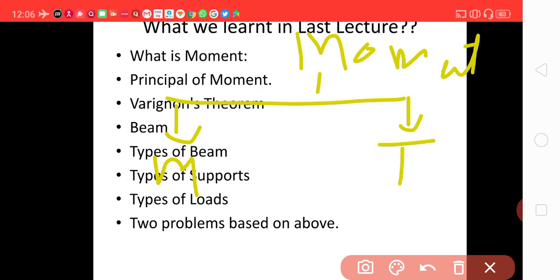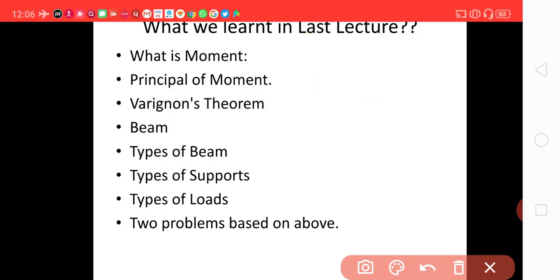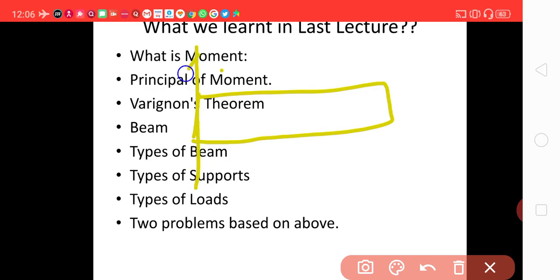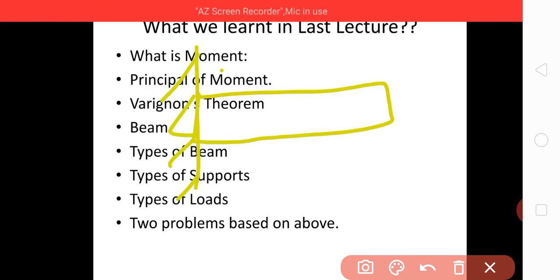The unit is the same. Then I gave some practical: just take a scale in your hand and hold it from one side and try to push it from the center of the edge like this.